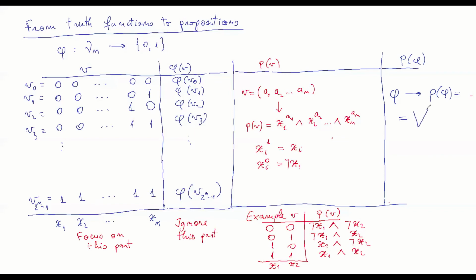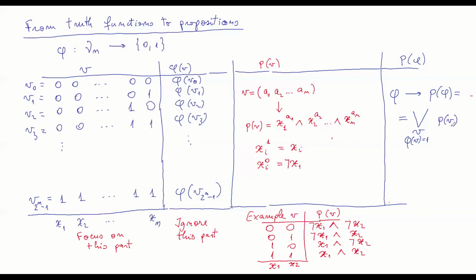This is going to be a big disjunction, over all the vectors v with the property that phi of v equals 1. So essentially I'm going to look at the value of the function phi, and wherever I see a 1, I will have an entry in this big disjunction for that element, and the element that corresponds in this disjunction is simply P of v.